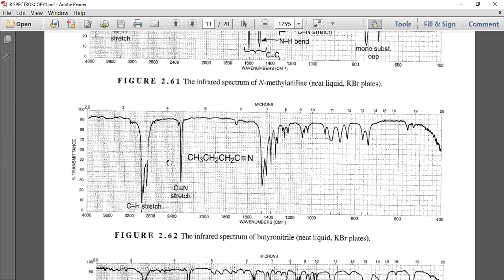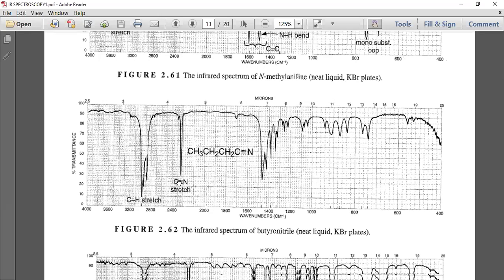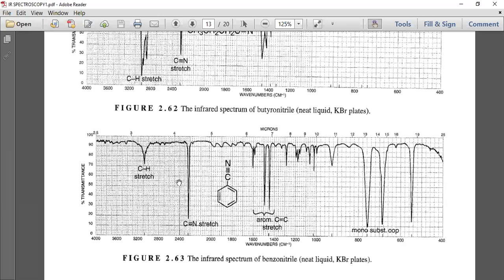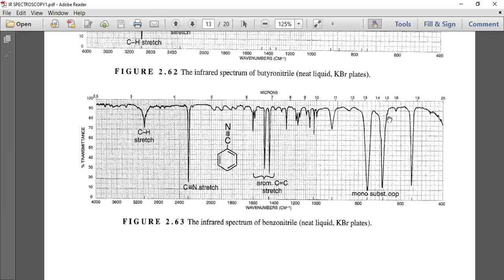If it is a triple bond, yes, 2250, we will get a stretching vibration. If it is a C triple bond C, it is 2250. If it is a C triple bond N, nitrile group, it is 2250. Here also it is a monosubstituted aromatic system, aromatic C=C, then aromatic CH.